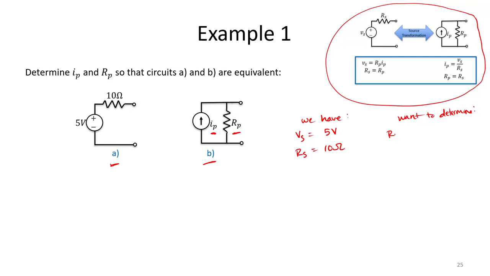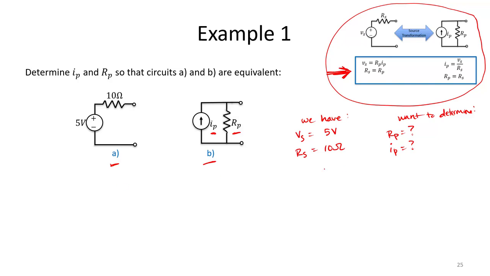We want to determine our parallel resistor, and we also want to determine the required current from the parallel current source. Let's first consider the resistor.